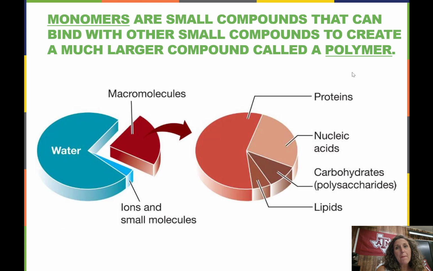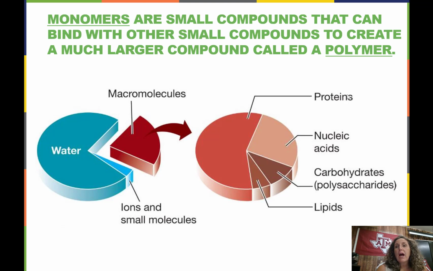So we are going to talk about macromolecules. Macro means big, but we want to break those down. Monomers, mono means one, are small compounds that combine with other compounds to create a polymer. Poly means many. These are the 4 macromolecules right here: proteins, nucleic acids, carbohydrates, and lipids.